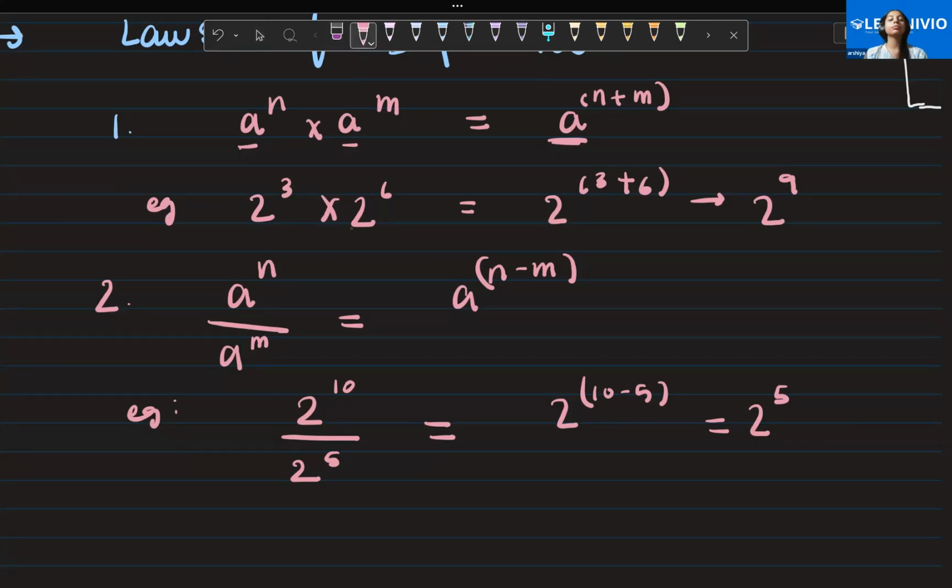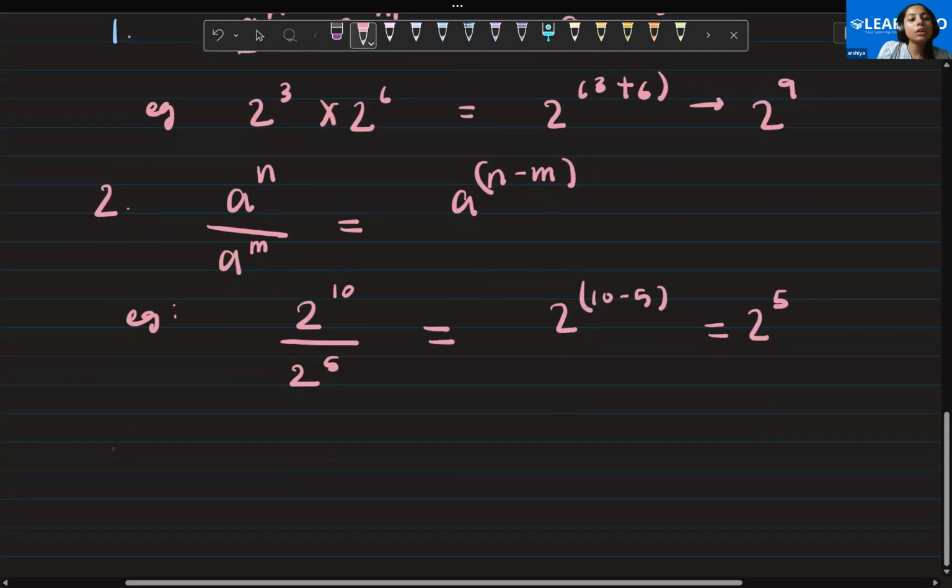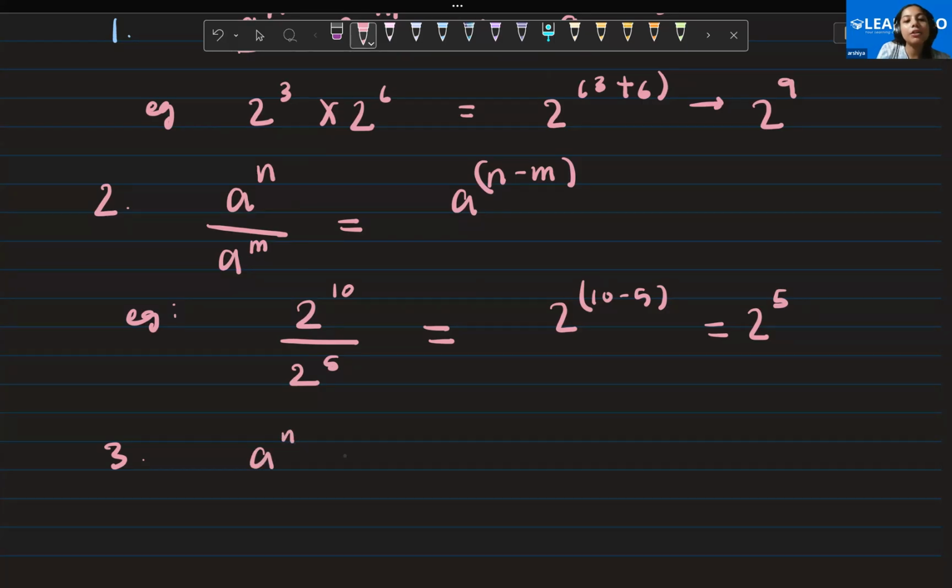Yes, ma'am. Now the third one is when you have different bases but the power is the same. So a raised to the power of n multiplied by b raised to the power of n. Now we will not add or do anything. We'll just multiply a and b, which is the base, and because the power is the same, we'll take that as the common power.